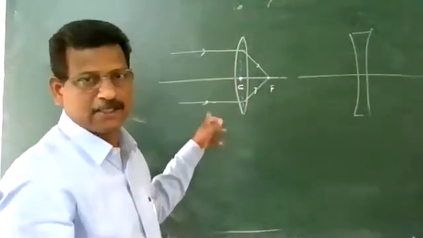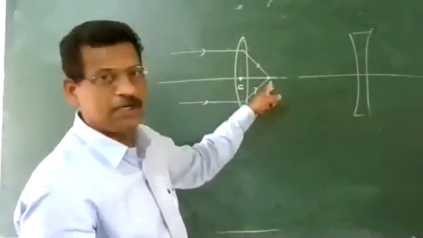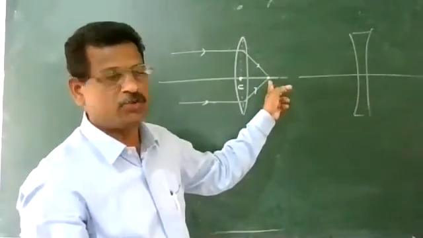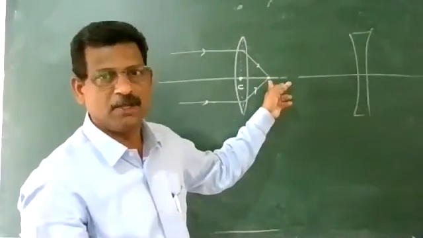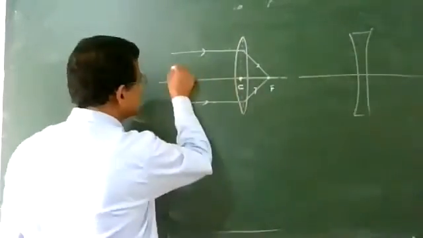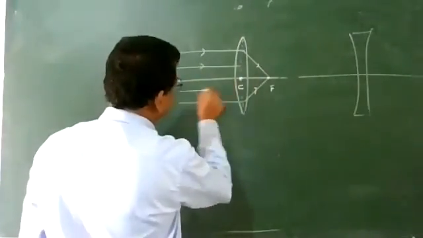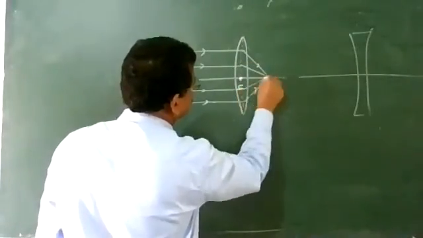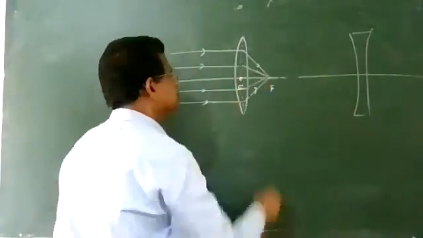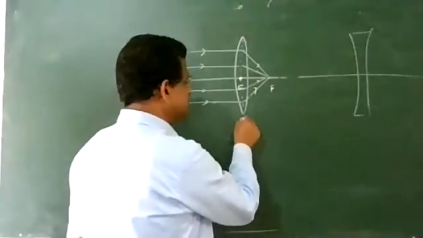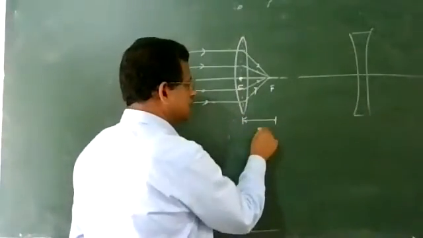You can mark two more rays. All the rays after refraction converge to this point. The distance between the optical center and the focus we call the focal length.